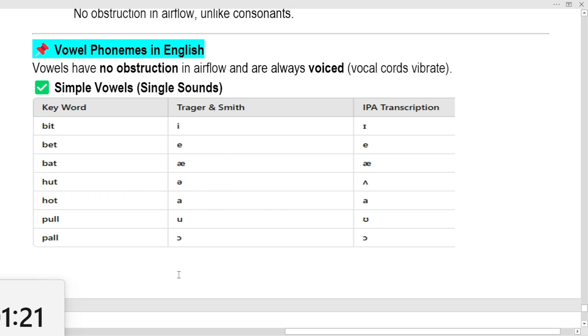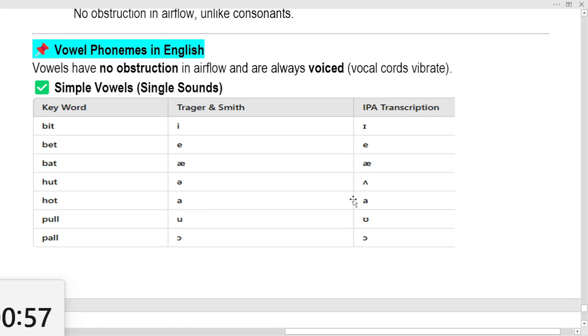So, ang gagawin natin dito, guys, we have to memorize the pronunciation of Trager and Smith, each vowels, no? Ito, hot. May pagka-a siya, pero close. Hot. Ito naman, hot.